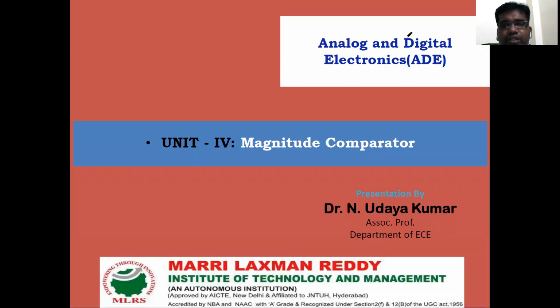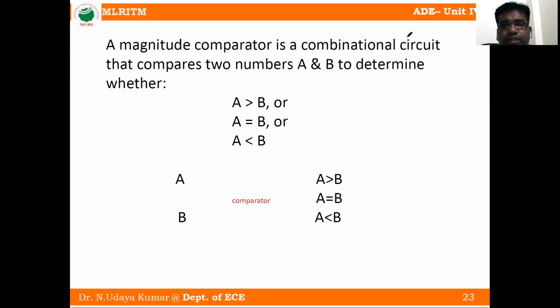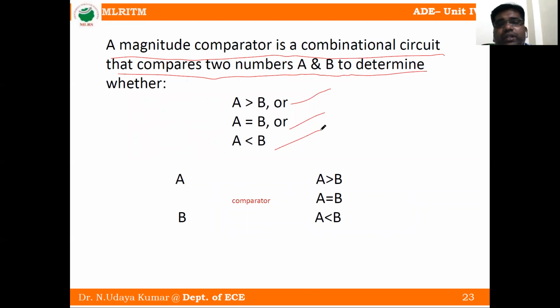So this is called a digital magnitude comparator.